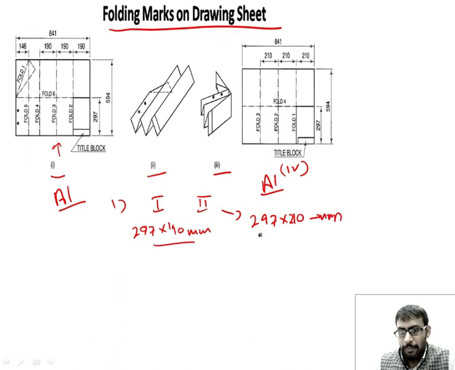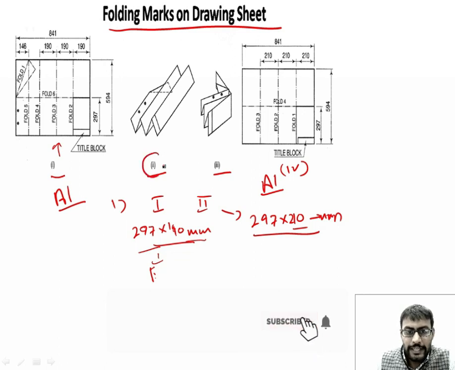Both are in mm. What is the purpose of this? What is the difference between 190 and 210? Basically, when we put this into a container, we do not use it for a file, or we do not make the punch at the left hand corner. So this standard is required.